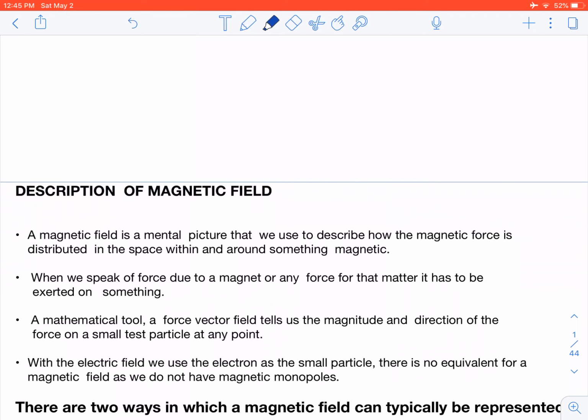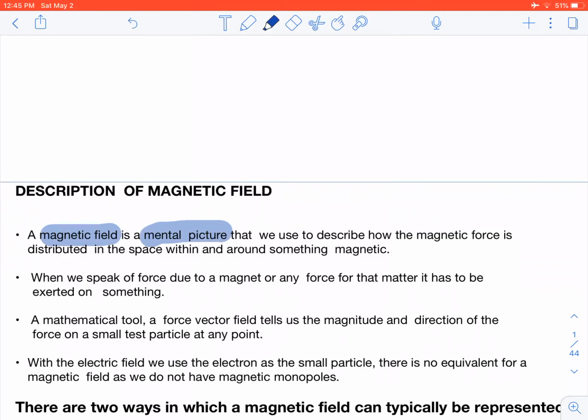In order to understand a bit more about what's happening around the magnet, we need to have some idea about what a magnetic field is. So a magnetic field, right, is essentially a mental picture. Something happens in the region of the magnet, around the area of a magnetic field, right?